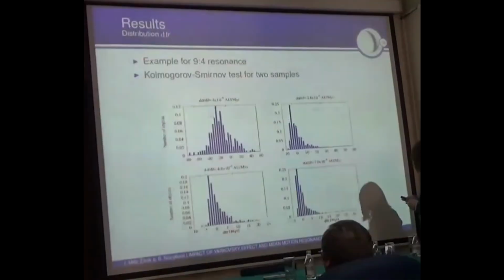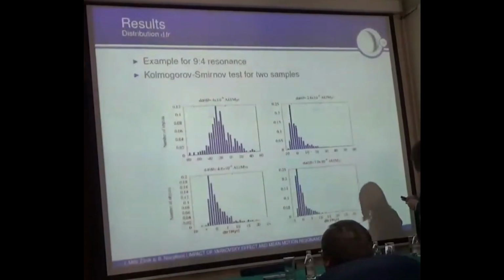And the other main result in my PhD thesis is about the distribution of DTR, because we wanted to further investigate this dependence between the interaction between mean-motion resonances and the Yarkovsky drift speed. We calculated the distribution of DTR.